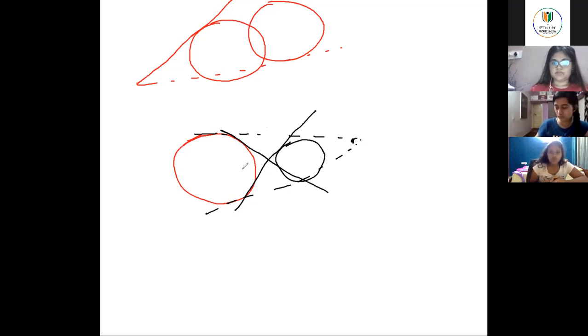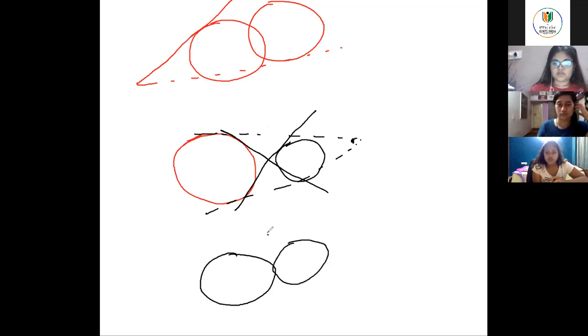And for the one which is only touching each other, this is the direct common tangent possible. So here are two direct common tangents possible and two normal tangents. Here one direct common tangent is possible, and this stands for this also.